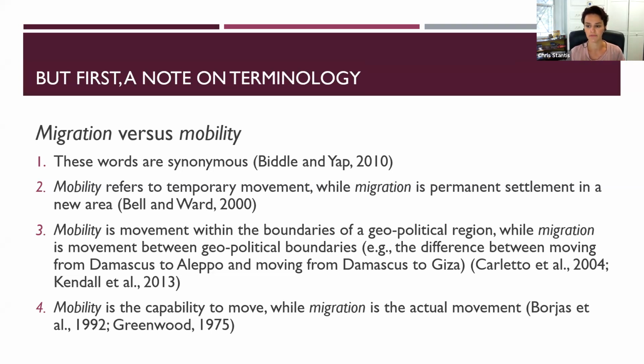And finally, we can think of mobility as the capability to move, while migration is the actual movement. This is ultimately the set of definitions that I try to use within my papers, because talking about the capability to move is an important consideration, as that capability is affected by several socioeconomic, physiological, and geophysical factors.